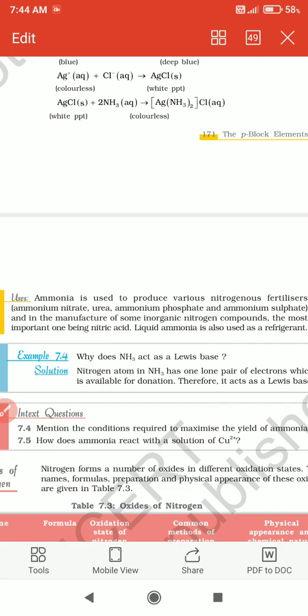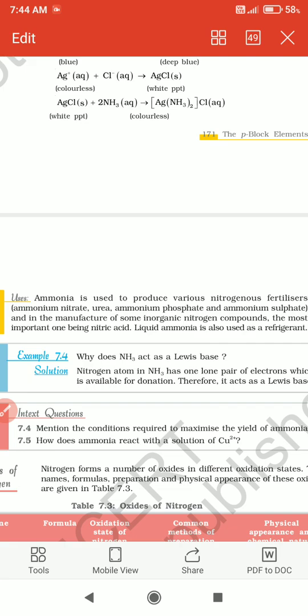Everyone must learn this question. It is asked many times in public exams, and even 1 mark questions ask about these conditions. So don't neglect anything, kindly read everything.